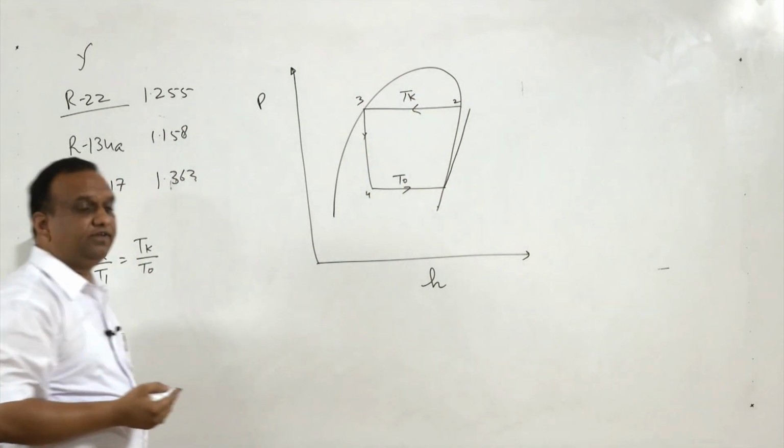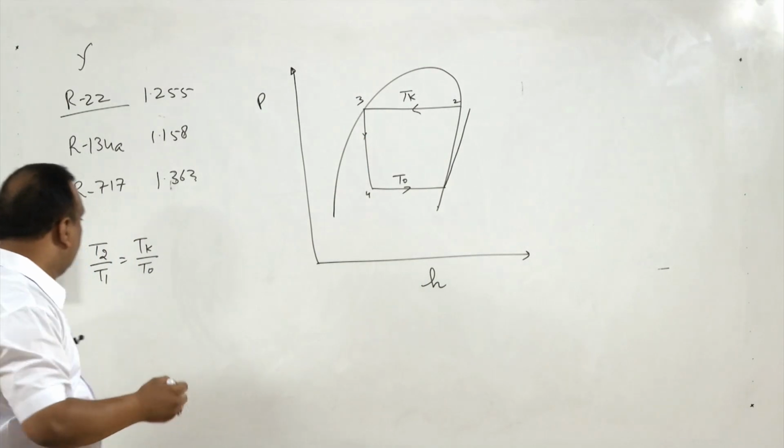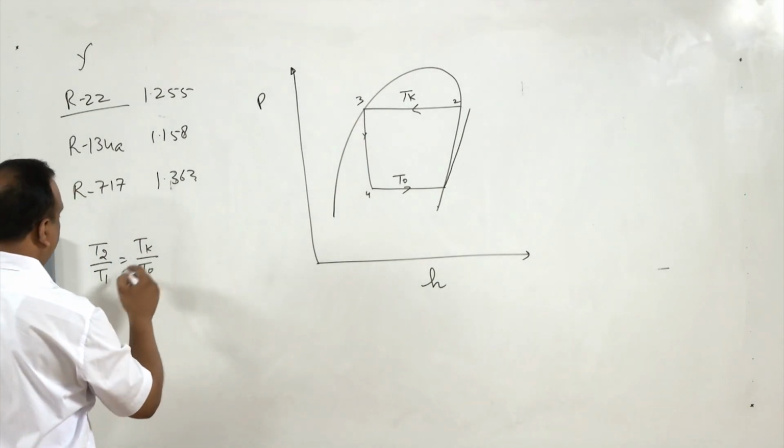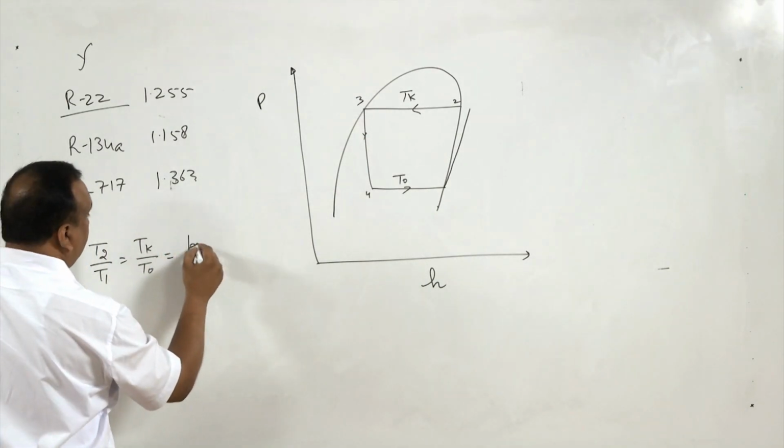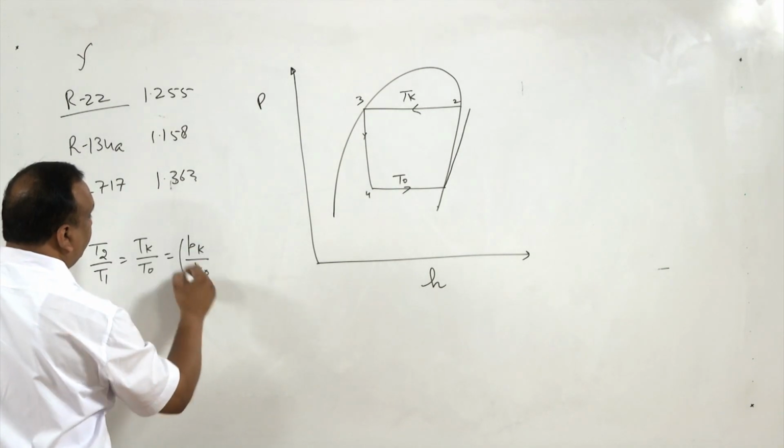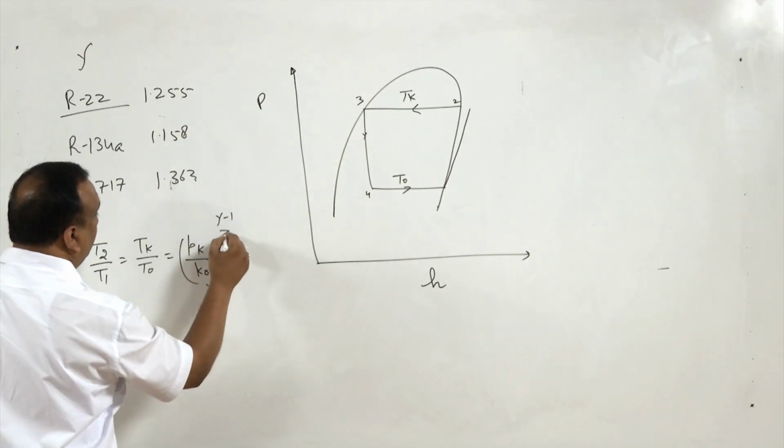In some of the books it is written Th and Tl also. So Tk by To is equal to Pk by Po raised to the power gamma minus 1 over gamma.